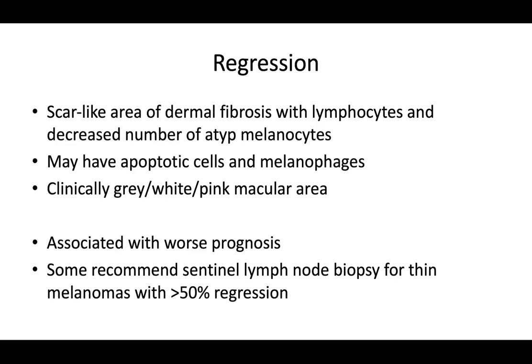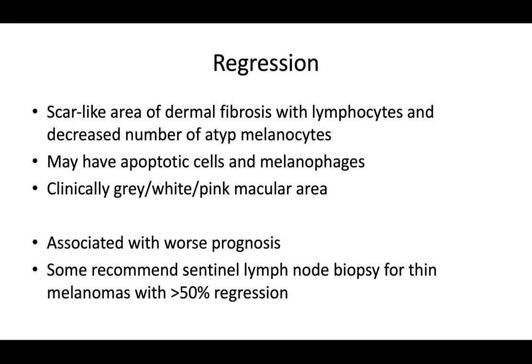You may find apoptotic cells. You may find melanophages that are eating up the pigment from the regressed melanoma and the basement membrane that was present before. Clinically, these regressed areas look like gray, white, or pink macular areas within the overall melanoma itself.